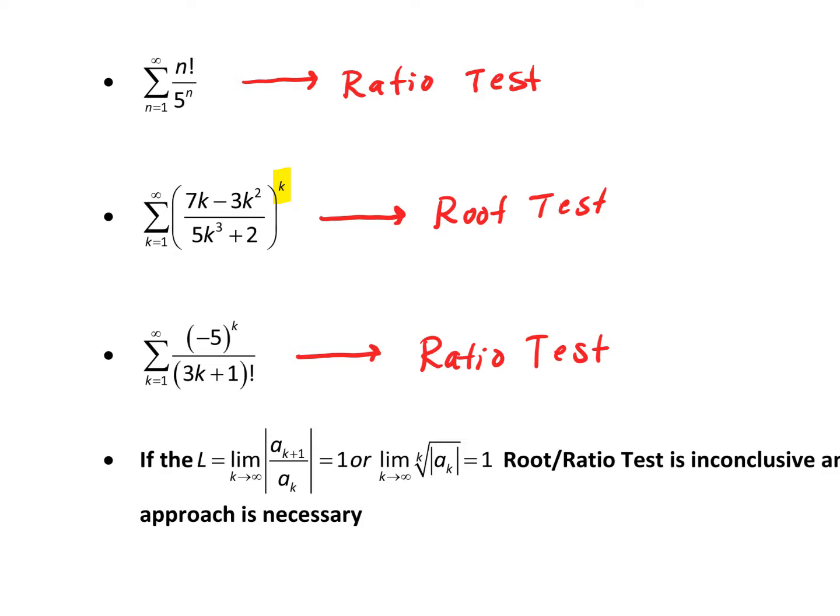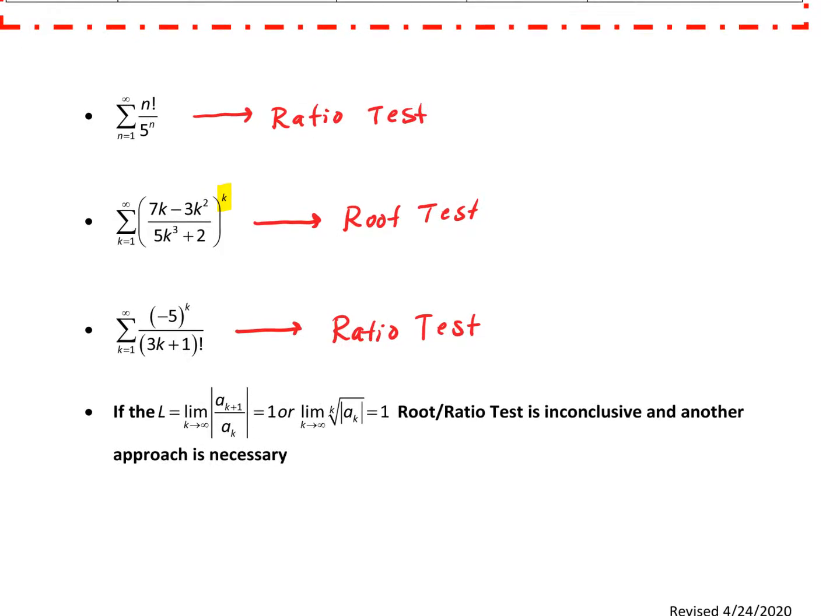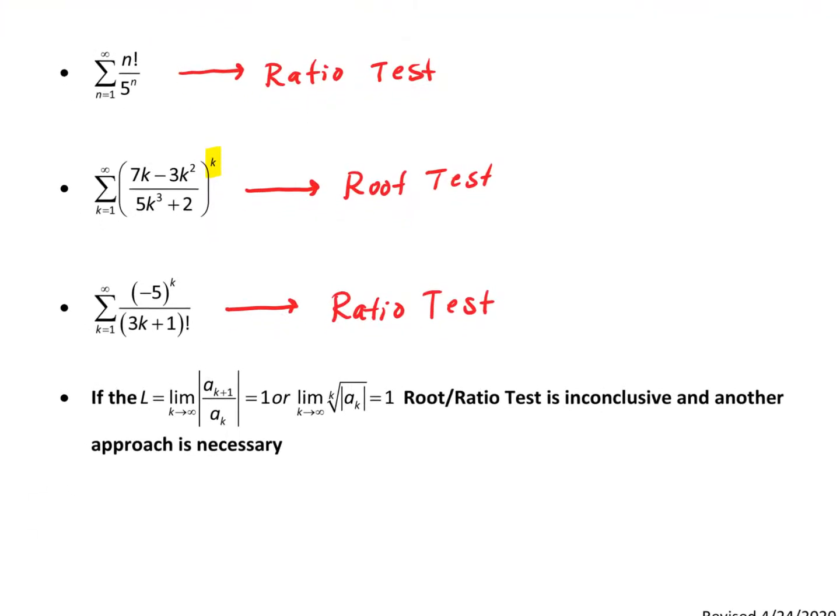Now, of course, if we run a ratio test and the limit that we're looking at comes out as 1, then it's inconclusive and we just have to try something else. So remember, if your limit as you apply the ratio or the root test comes out as 1, then the test is inconclusive and you just have to try another approach.